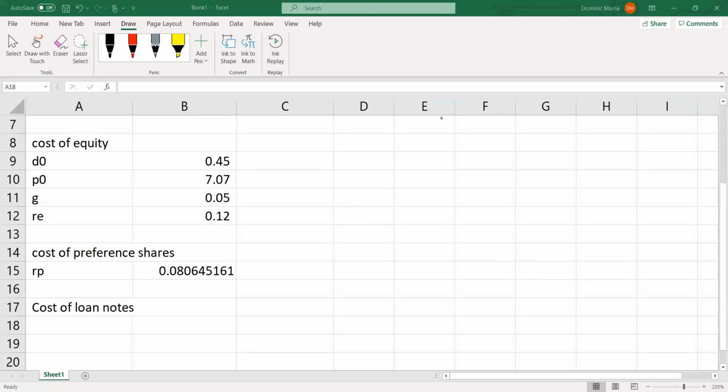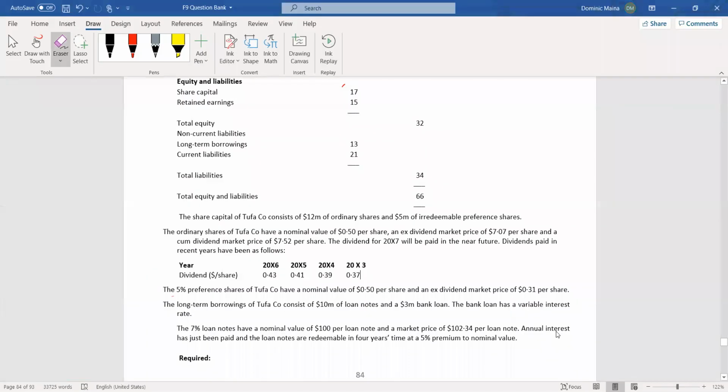Okay, so next you get the cost of the notes. Now let's get to know what type of note we are dealing with here. Let me go back to the question.